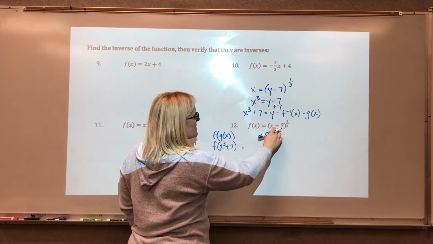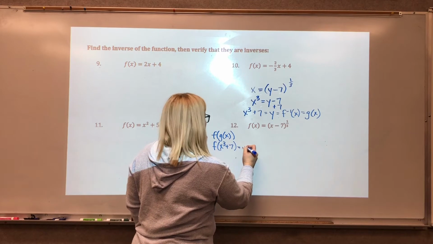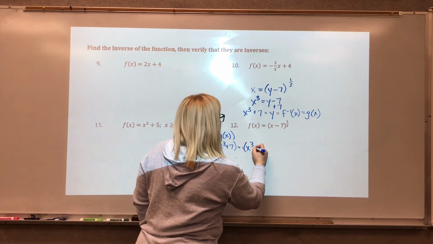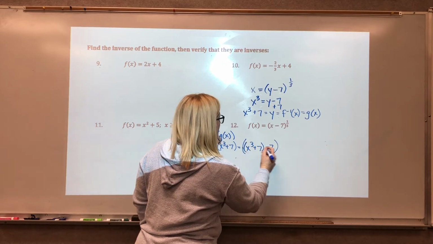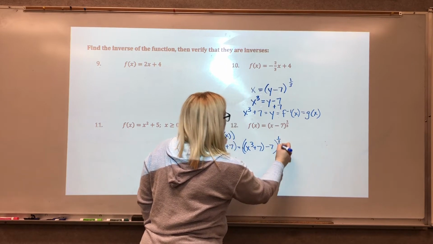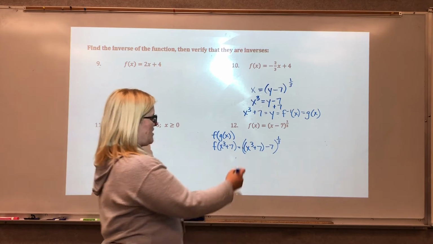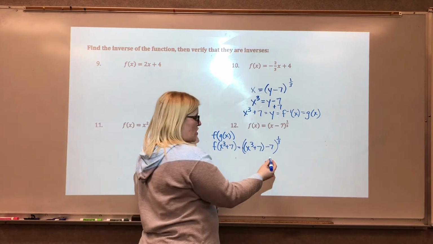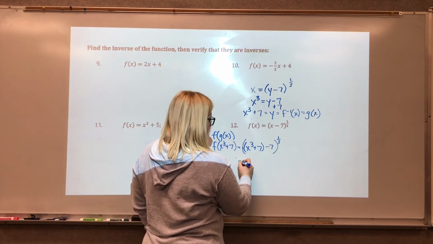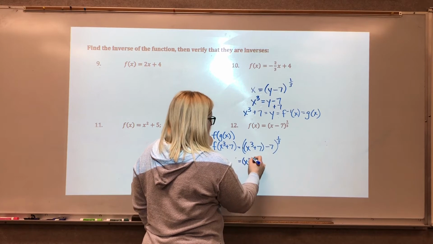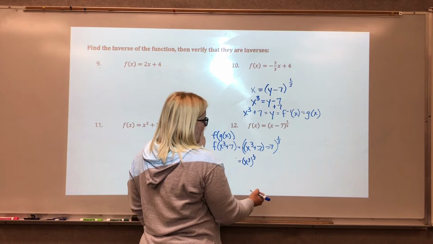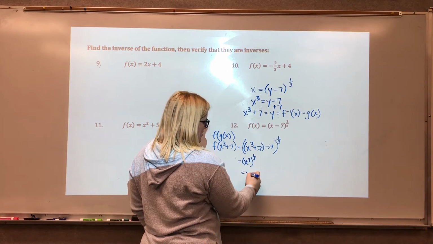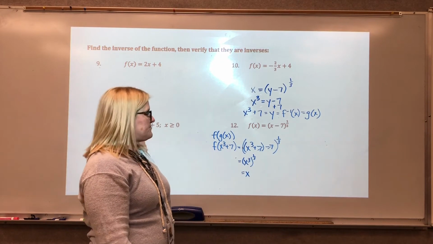And when I plug this in, I get x cubed plus 7 minus 7 to the 1/3. So going in parentheses first, the sevens cancel each other. Then we've got x to the 3rd to the 1/3, which equals x.